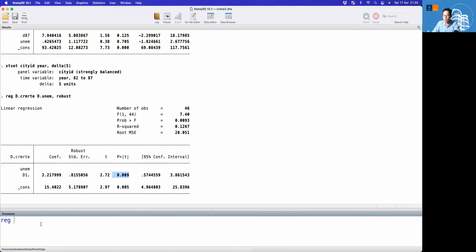So I'm going to run a regression on the change of crime rate, the change of unemployment, and all other explanatory variables. It's going to be quite tedious to write d. for every variable, so I'm just going to write one d., but apply this for all the variables in the data set.